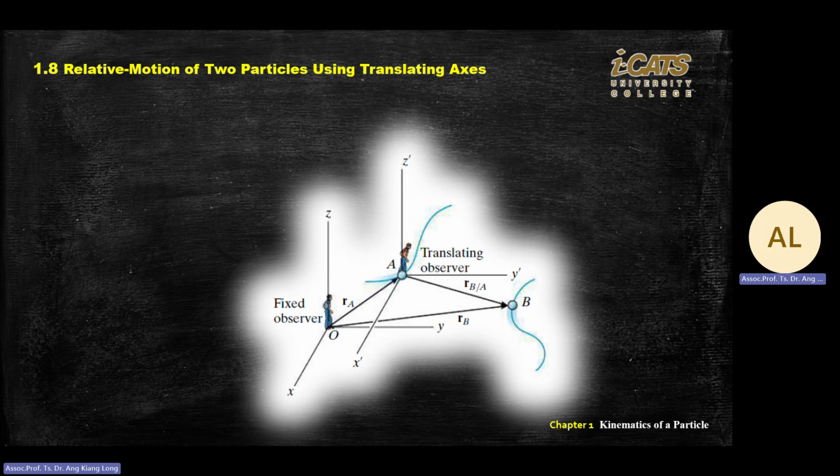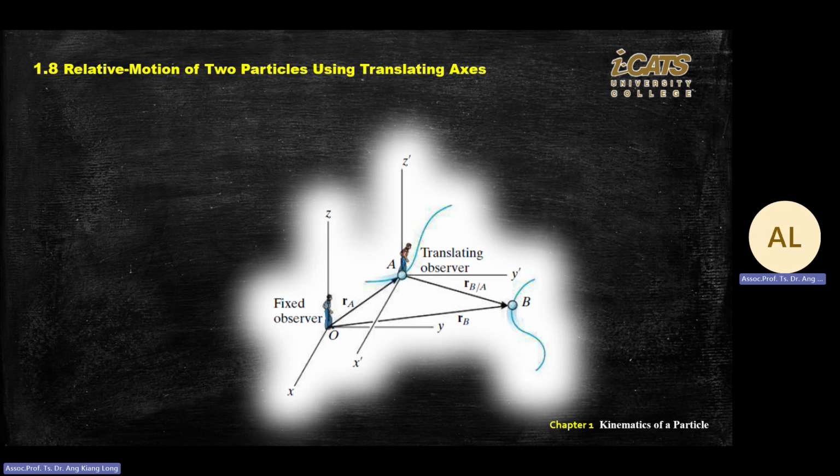Okay, again. In the question, you need to read carefully what you need to solve, what parameter you need to solve. If the question asks you to solve B relative to A, B relative to A means you're looking from A to B. The focus, the eyes, is from A to B. So this is a bit of a critical part.